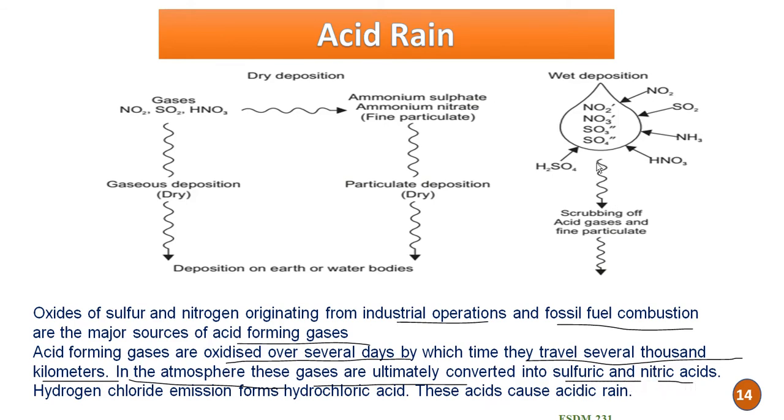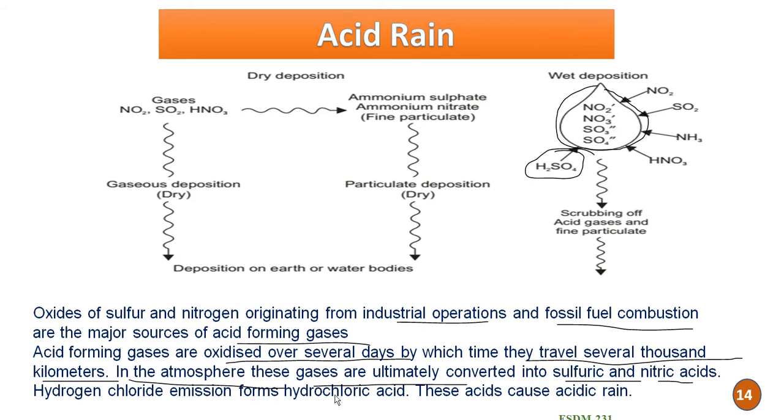As we can see in the diagram, SO2 and NO2 convert into H2SO4, that is sulfuric acid, and nitric acid. When these acids mix with droplets of rainwater, the pH of that water reduces below 5, and that's why it is called acid rain.